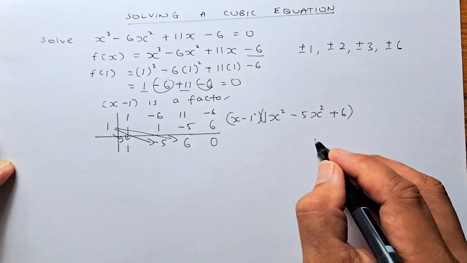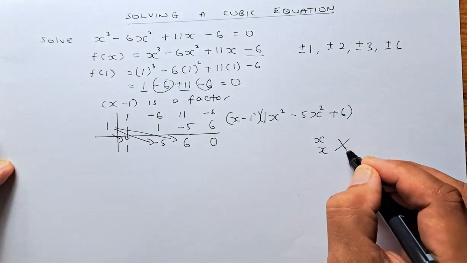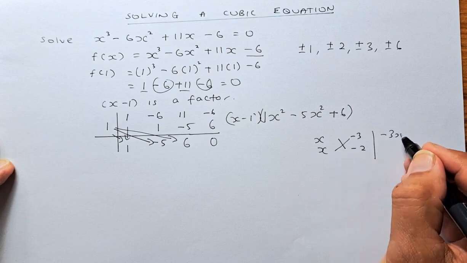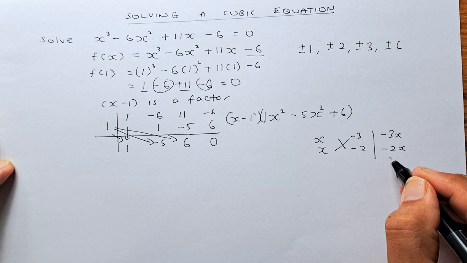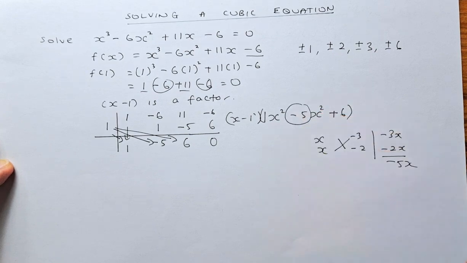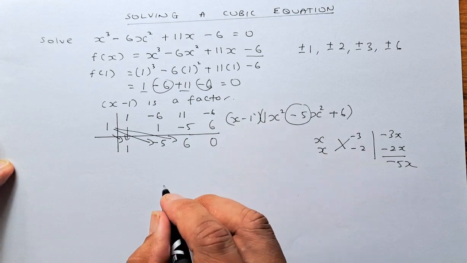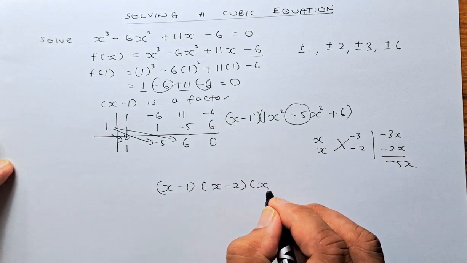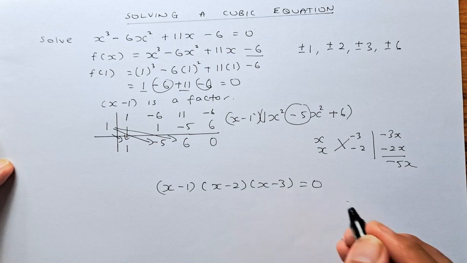We have learned before, x and x, minus 3 and minus 2 become minus 3x minus 2x, and that will give you minus 5x. So that will solve your quadratic. So your equation becomes (x minus 1)(x minus 2)(x minus 3) equal to 0.